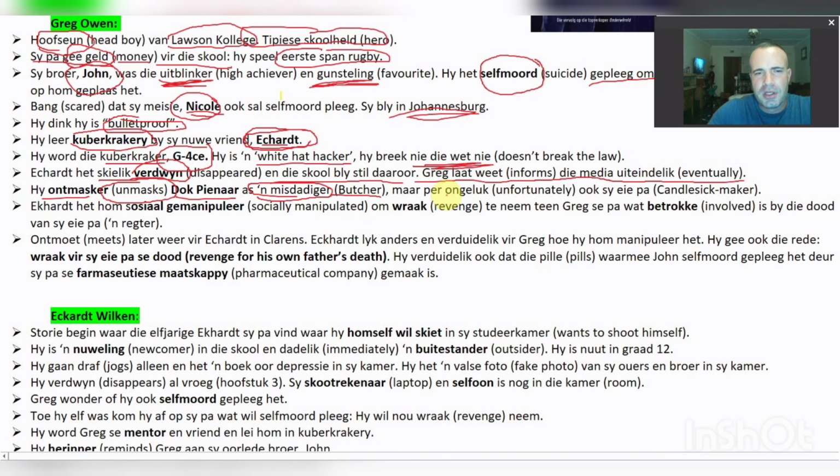Okay, but in the process of unmasking these criminals, per ongeluk, unfortunately, Greg also sees that his own dad is a criminal. Okay, bear with me, you'll get it just now. He unmasks his dad as the candlestick maker. Okay, the third one, the baker, is still a mystery. Okay, we'll talk about that later.